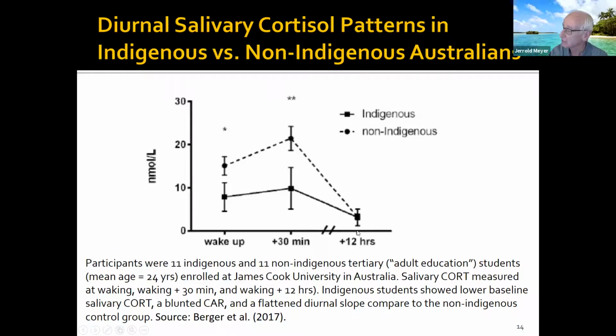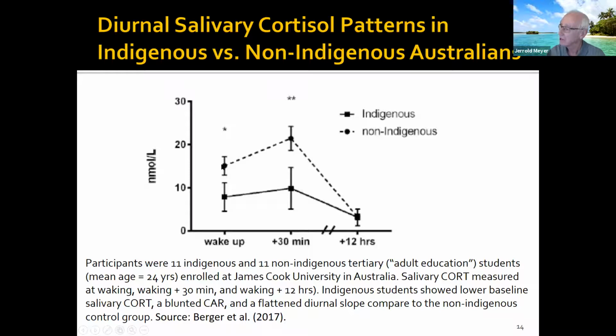And you see several things right off the bat just by eyeballing the data. You see that the indigenous group had a significantly lower baseline cortisol at wake up. So their wake up level was blunted. Second of all, hardly any CAR, hardly any difference between the cortisol value here and the cortisol value here compared to the non-indigenous.